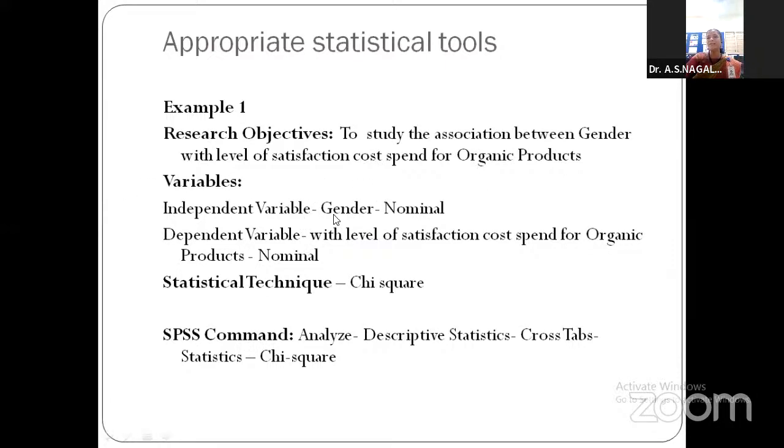Here, the independent variable is gender, which is nominal. The dependent variable is level of satisfaction with the cost spent on an organic product, measured as yes or no, so this is also nominal. The statistical test recommended when there is categorical and categorical is chi-square. In SPSS, it is Analyze, Descriptive Statistics, Crosstabs, then Chi-square.